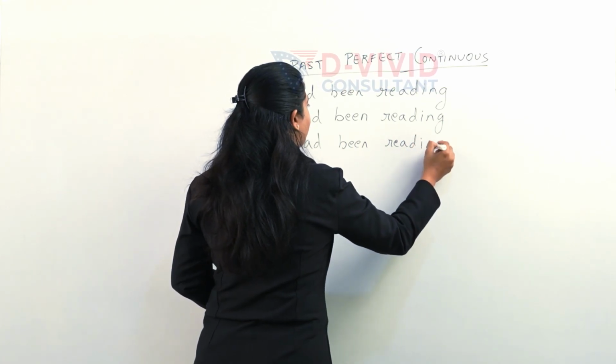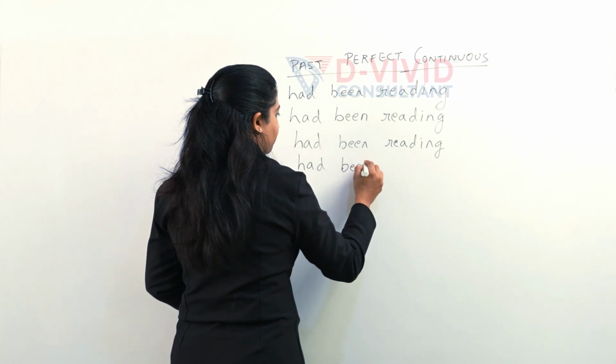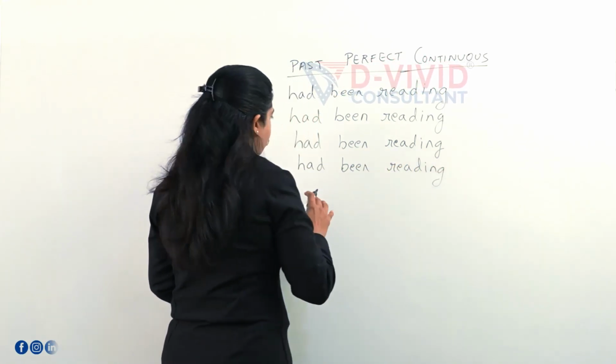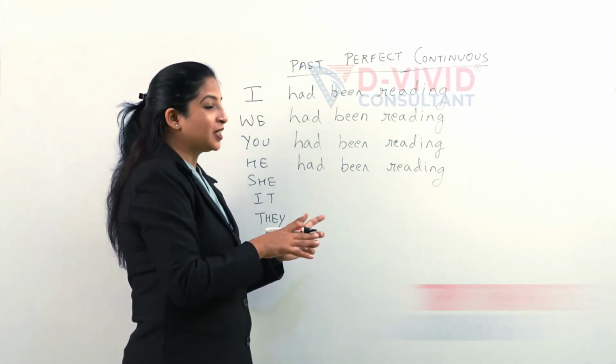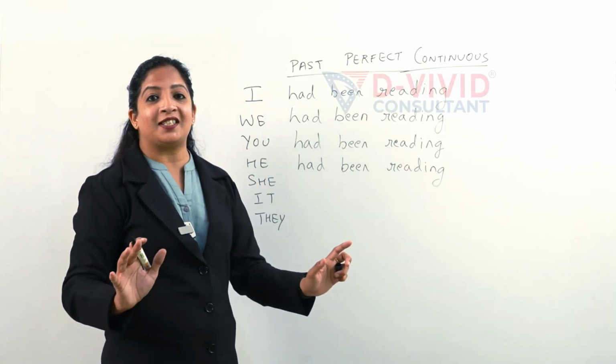If you're writing along with me, you should always have the practice of working along with me, so by the end of the video you have already mastered the tense.